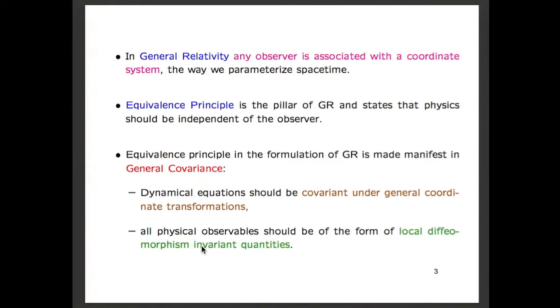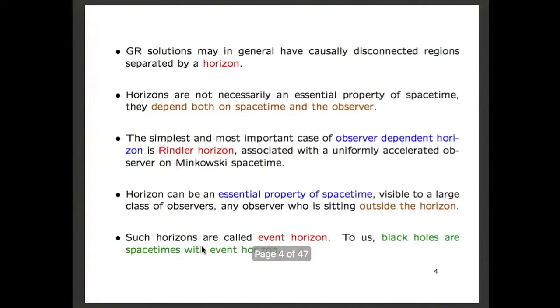And then the equivalence principle states that physics should be independent of the observer or the coordinate system. And this is manifested in GR through general covariance, which states that dynamical equations are covariant under general coordinate transformations, and the physical observables should be invariant under diffeomorphisms.